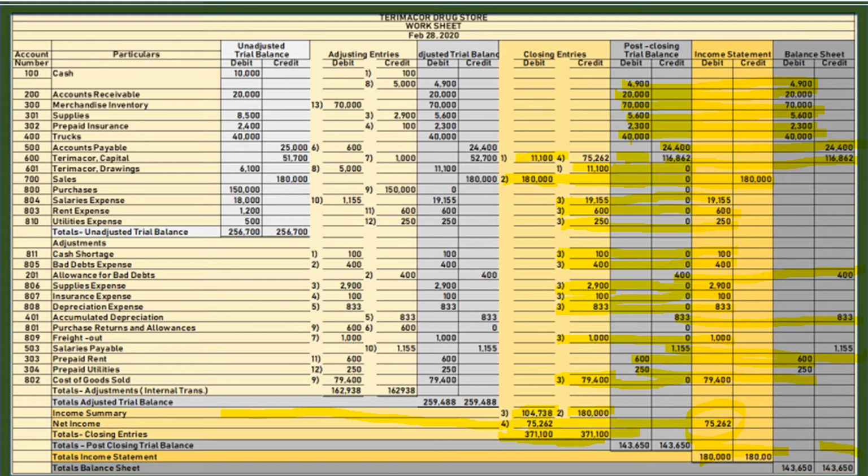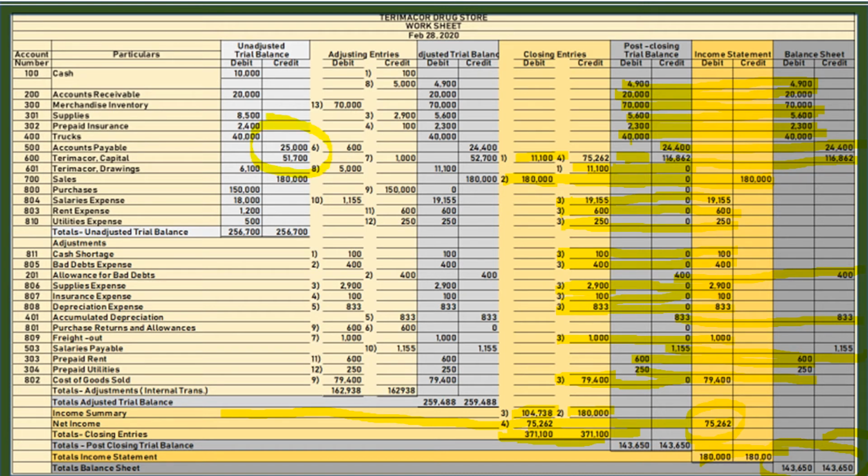So it should be balanced because assets equal liabilities plus capital. So it's a beautiful story of operation. Because it has a net income of 75,262 when the original capital is only 25,000.